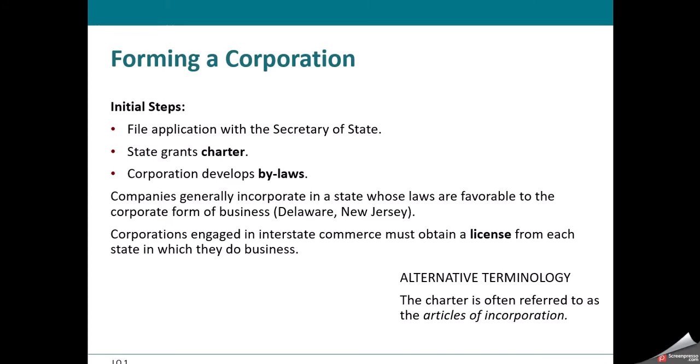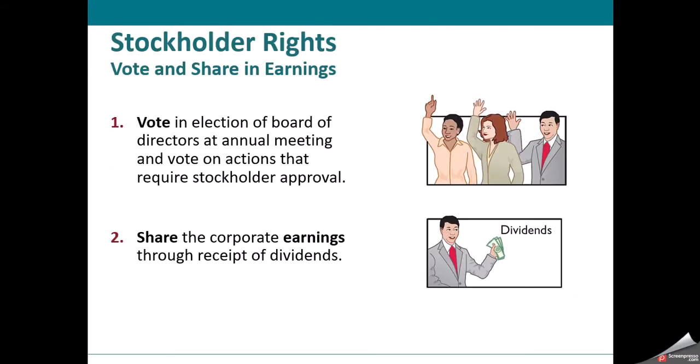If you're a worldwide corporation, you're probably going to incorporate in either Delaware or New Jersey, because they have favorable state laws that favor corporations if you were ever to get into a lawsuit. And if they are in interstate commerce, which means they're not just in one state but doing business across multiple states, they would need a license to do business in each one of those states.